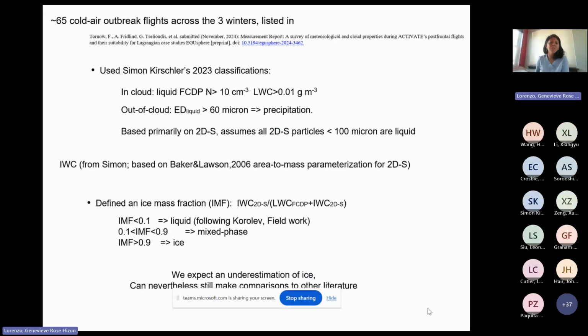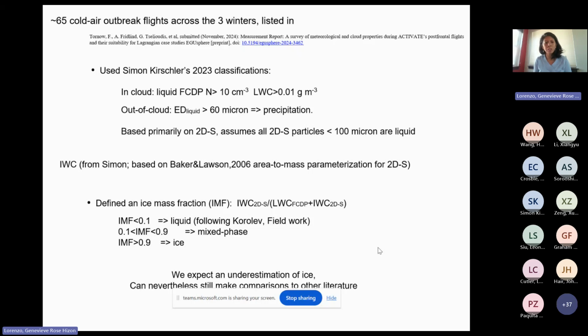Okay, so I'm just going to share some of the work we've done looking at the 65 strong cold air outbreaks during the winters. We looked at the classifications that Simon used to determine the mixed phase clouds, and we divided the types of cloud phases based on the work of Korolev and Milbrandt, which Ewan also showed a while ago, where if the ice mass fraction is less than 0.1, then that's called a liquid phase cloud.